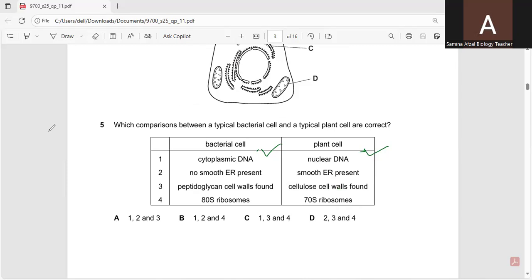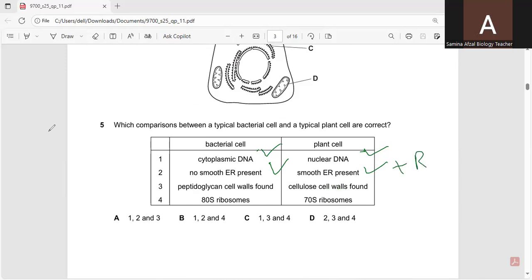Then, no smooth endoplasmic reticulum present. Yes, this is also correct. Smooth endoplasmic reticulum is present in plant cells. Both types of endoplasmic reticulum are present, smooth plus rough endoplasmic reticulum.